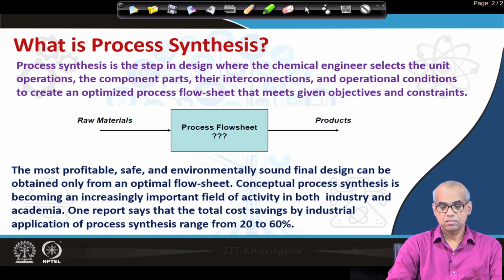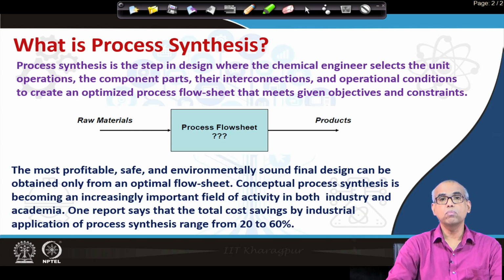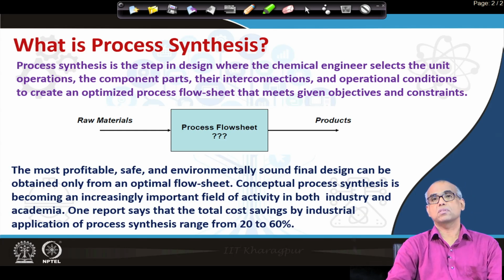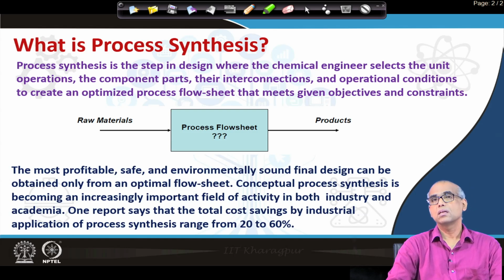One report says that the total cost savings by industrial application of process synthesis range from 20 to 60%. So, that is a big motivation for industry to adopt process synthesis in the very early stage of their design.